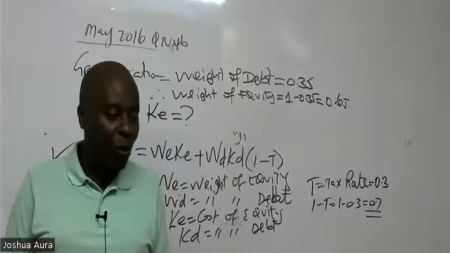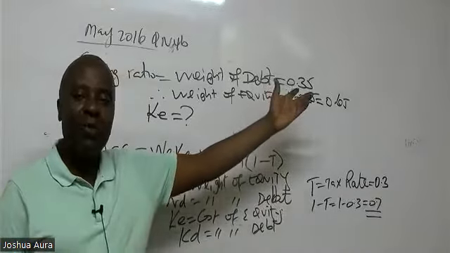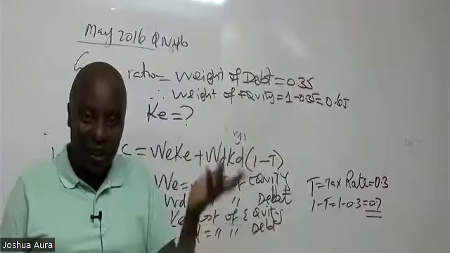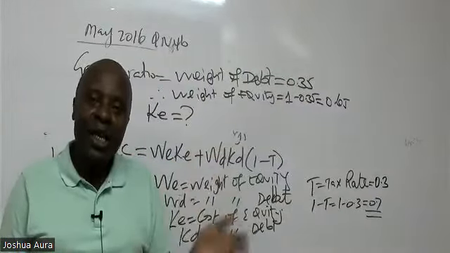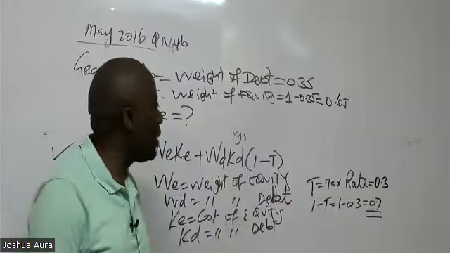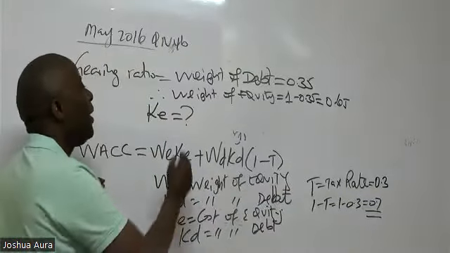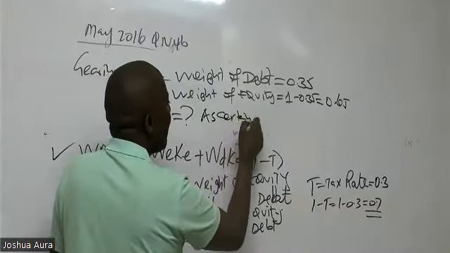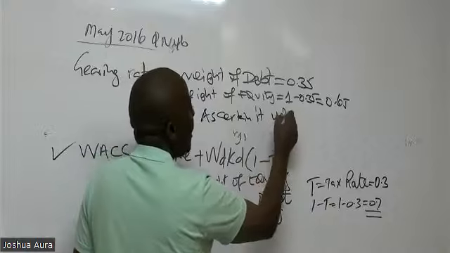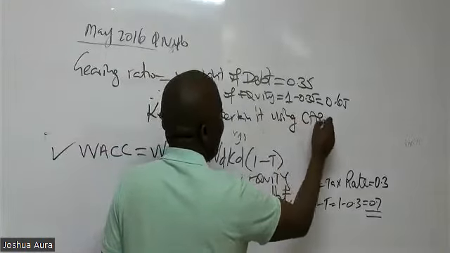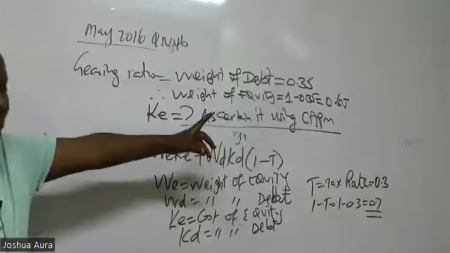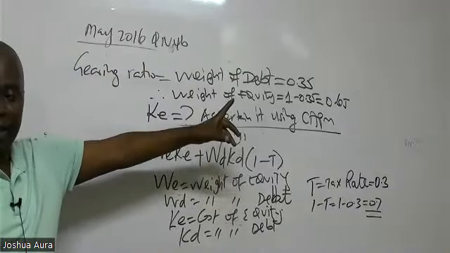To get cost of equity, I could decide to use the dividend valuation model, if information is given. But in most cases, cost of equity is ascertained. In this case, we shall ascertain it using CAPM. For the lovers of football, CAPM is very important.